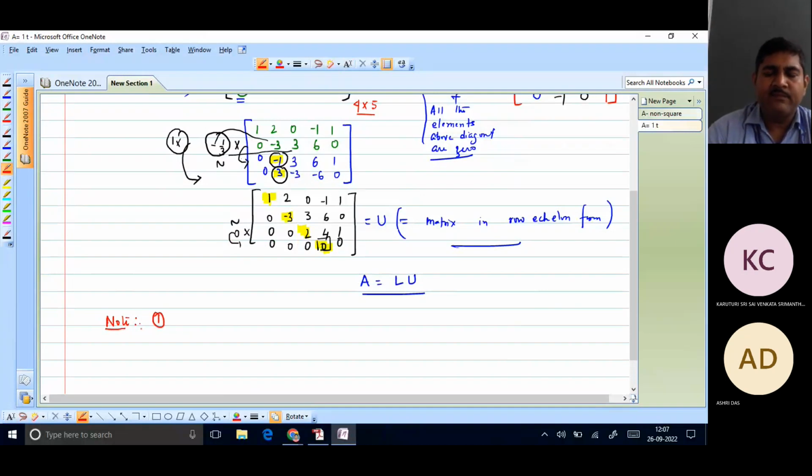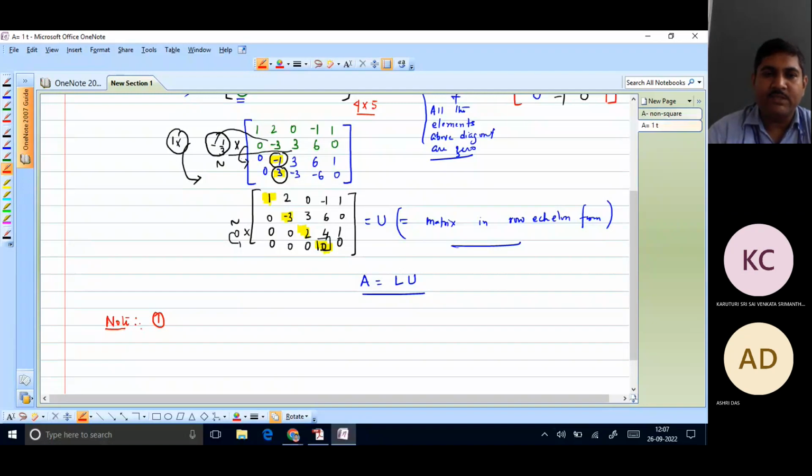A scaling means multiplication of a row by a constant. Second, interchange, that is interchange of 2 rows. And third, replacement, meaning a row is replaced by the sum of itself and a constant multiple of another row.